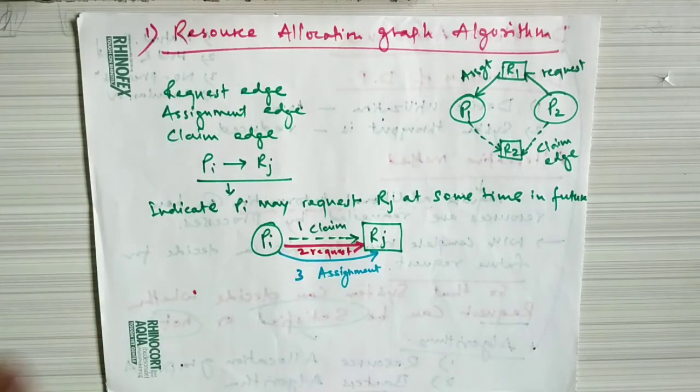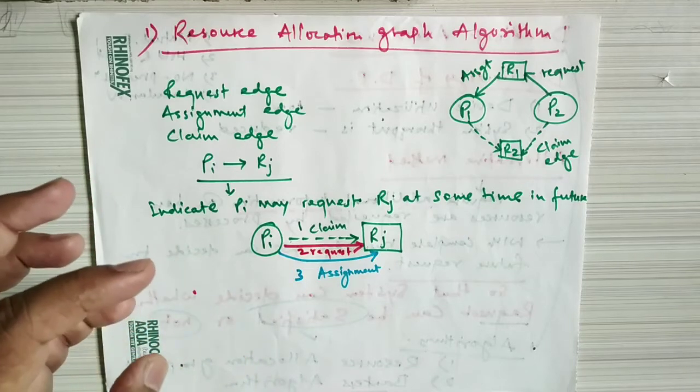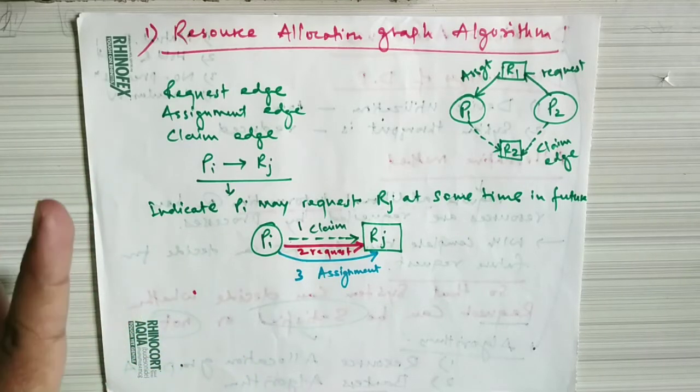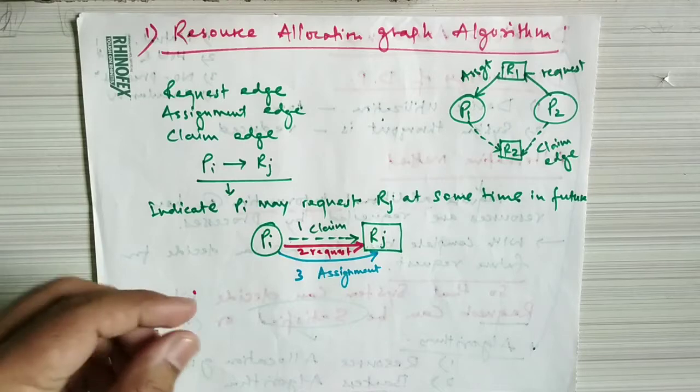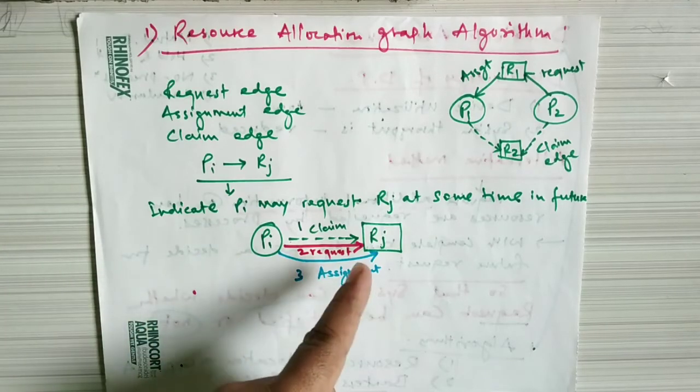Before a process starts executing, all its claim edges must appear in the resource allocation graph. Suppose that process Pi requests resource Rj.